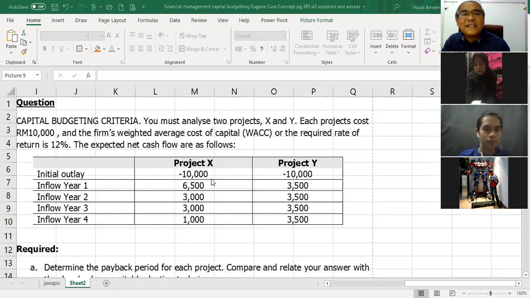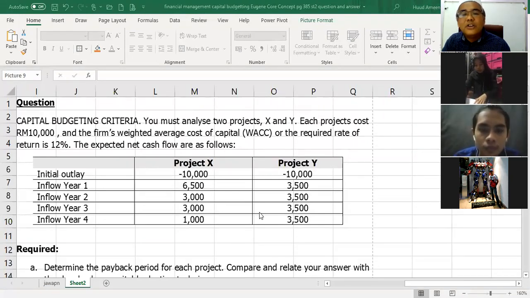The similarity is the amount of the investment, but the difference is the cash inflow. In project Y you get the same amount of inflow, 3,500, up to year four, and project X differs each year.